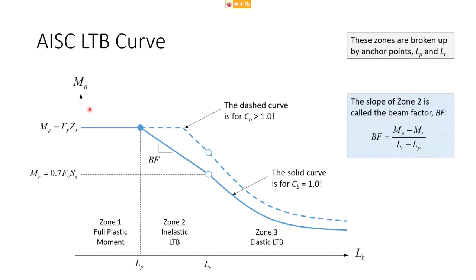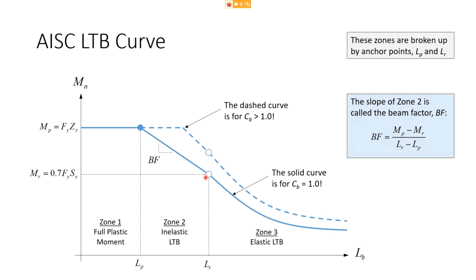Here on the y-axis, we have the capacity. So when you're in zone 1, your capacity is just MP, just FY ZX, and that's when your unbraced length is smaller than this. When your unbraced length is between LP and LR, we use this linear interpolation between MP and MR.